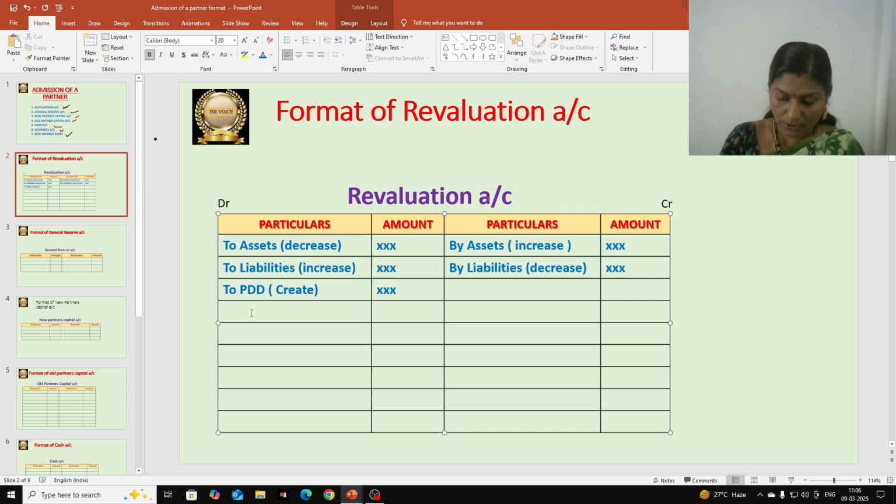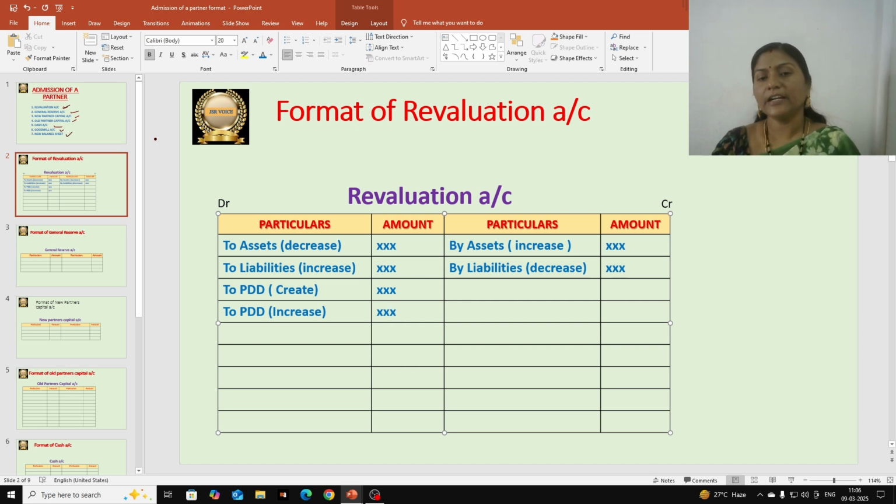PDD increase also we should write on the debit side only. To PDD, and it is what? It is increase. If PDD is increasing, that also we are going to write on the debit side, with the amount in the amount column.